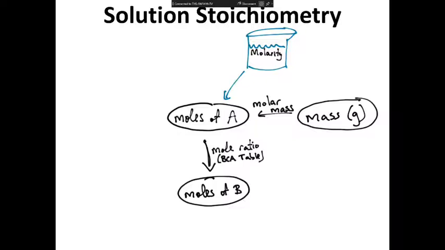I needed a volume of some type. So I need a molarity and a volume in liters. And when you have both, you can say, oh, okay, here's that formula we learned: moles equals molarity times liters.